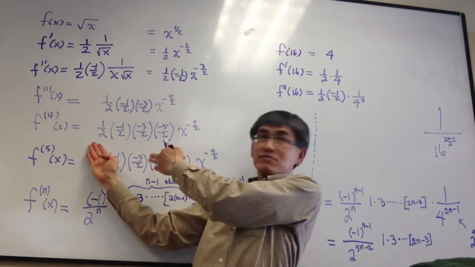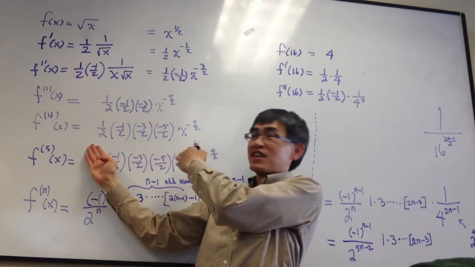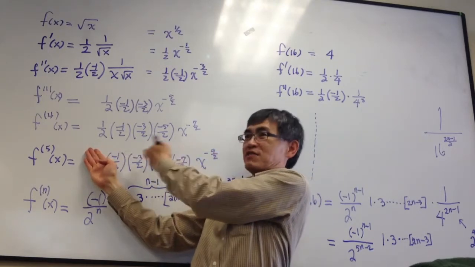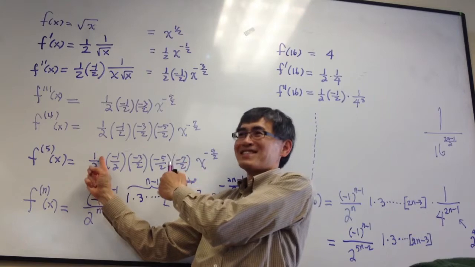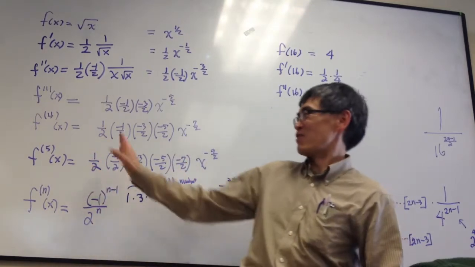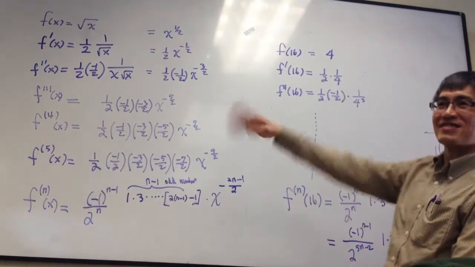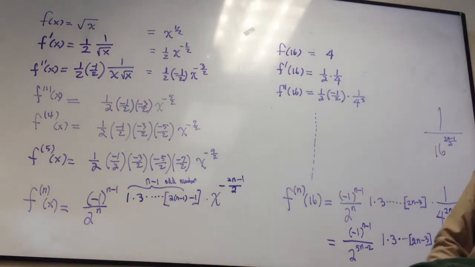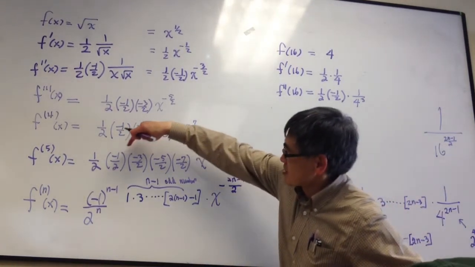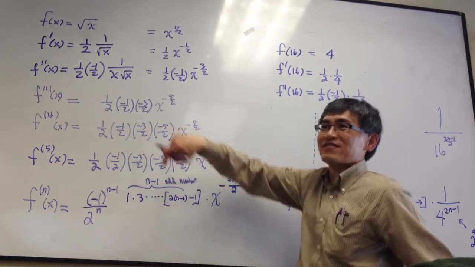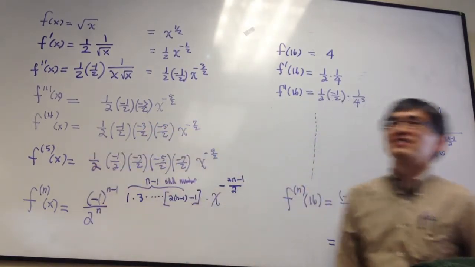I take care of the negative signs first. Then I have 1, 3, 5, 7. That's from here, not this one. Right. Okay, that 1/2 I didn't have to deal with. So the 1, 3, 5 is this one. This 1, 3, 5, not that one.